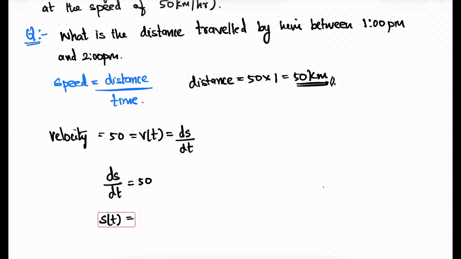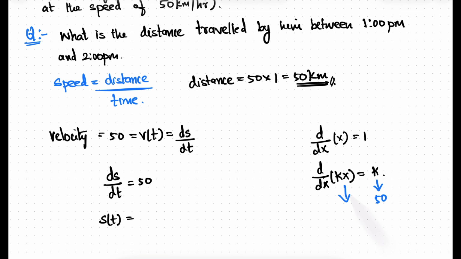So now the question that we have to ask ourselves is, what could be the value of s(t) such that its first derivative has become 50? We know very well that the differentiation of x is 1. Similarly, the differentiation of a constant times x would be the constant again, right? Here your derivative is 50, so the function before differentiation would have been 50 times x.